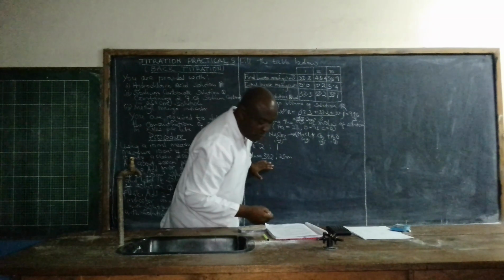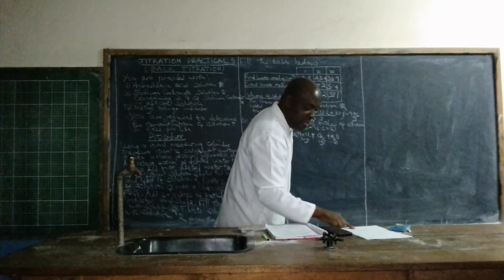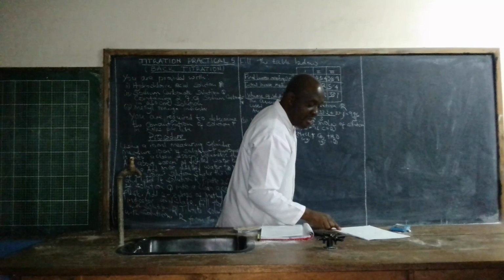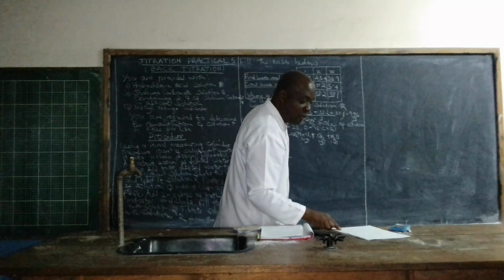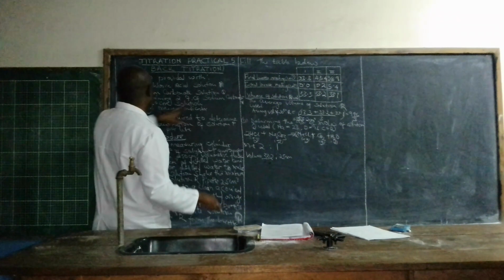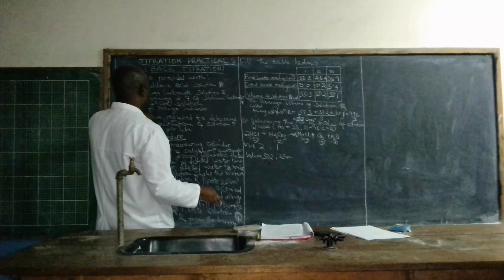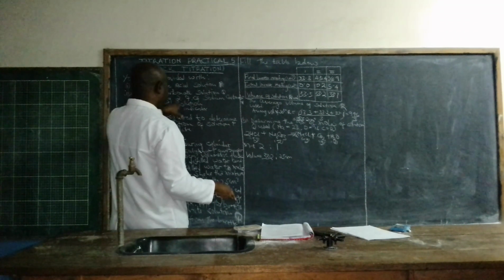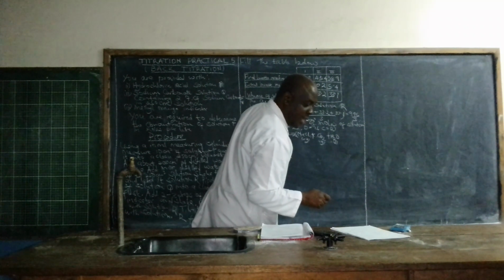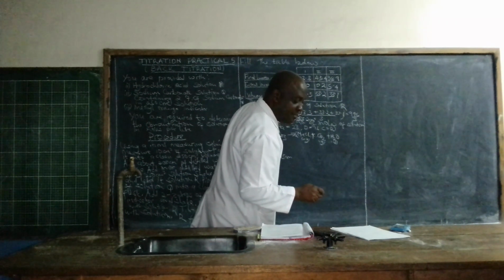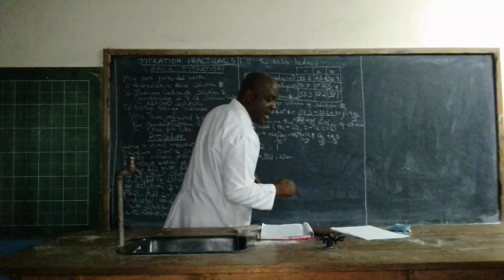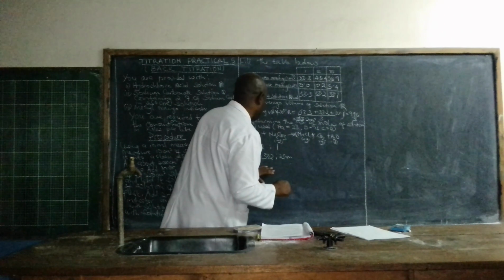We must go to the extent of calculating the number of grams that were dissolved first, because we have been told here that 2.7 grams of sodium carbonate were dissolved in water. So we need to approach it this way.